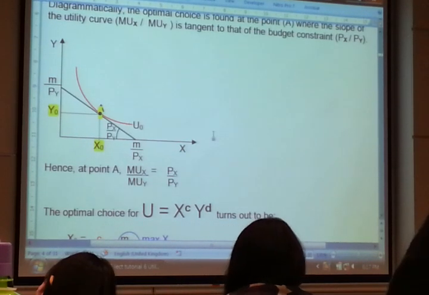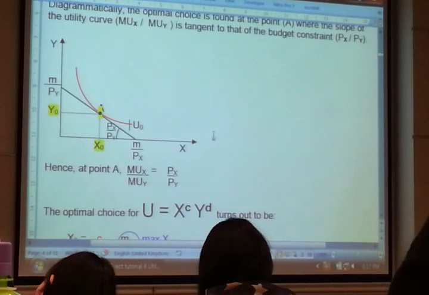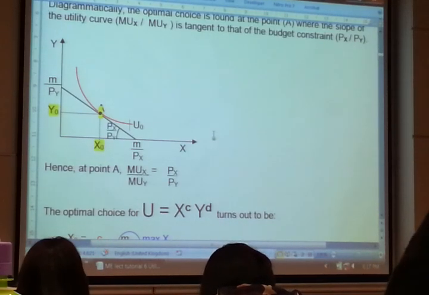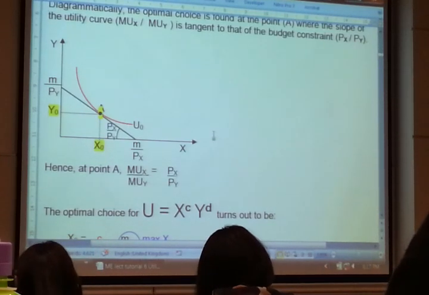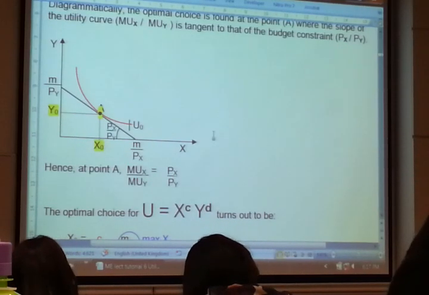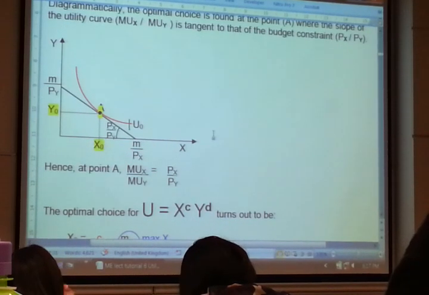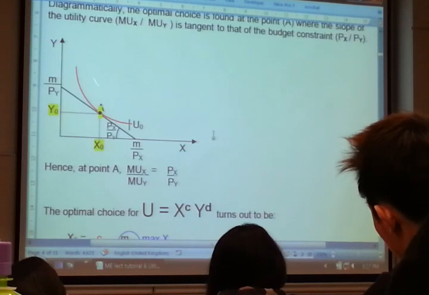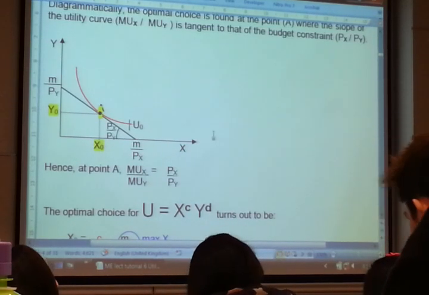Also at this point, the two curves are tangent to each other, which means they have the same slope. So this point, if you write mathematics, means the slope of the budget line, which is px over py, is equal to what? The slope of the utility curve.